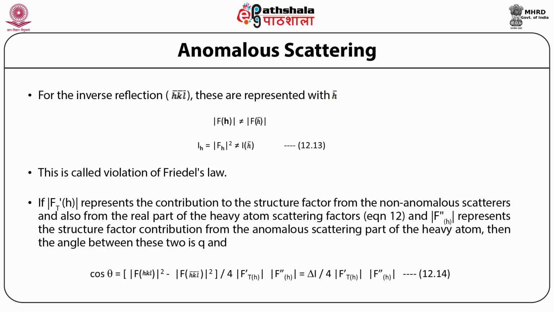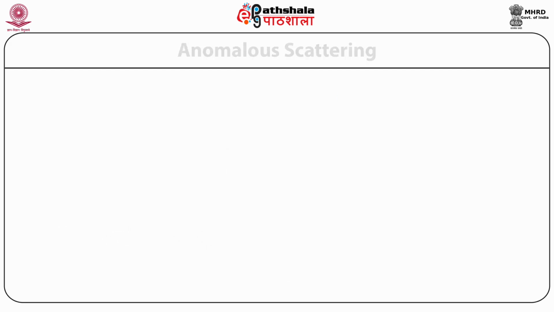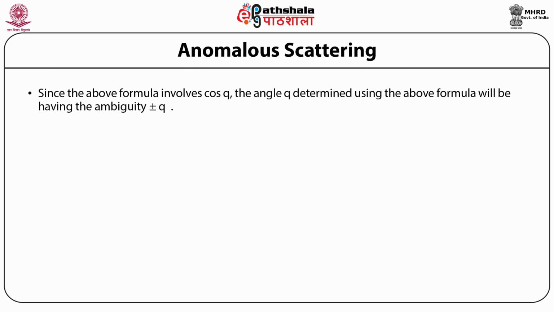This is equation 12.14. Since the above formula involves cos theta, the angle you get for theta by making substitution on the right hand side will have values plus or minus theta, because cos theta and cos minus theta have the same value.